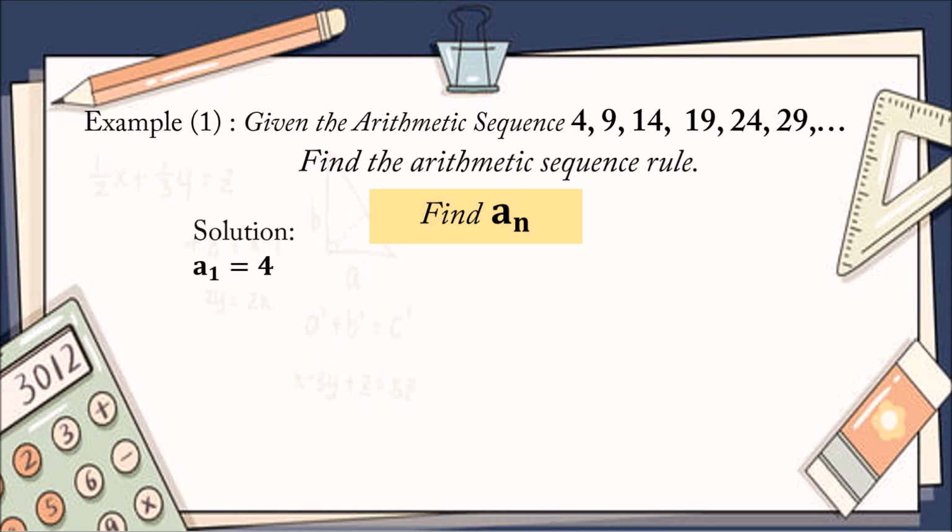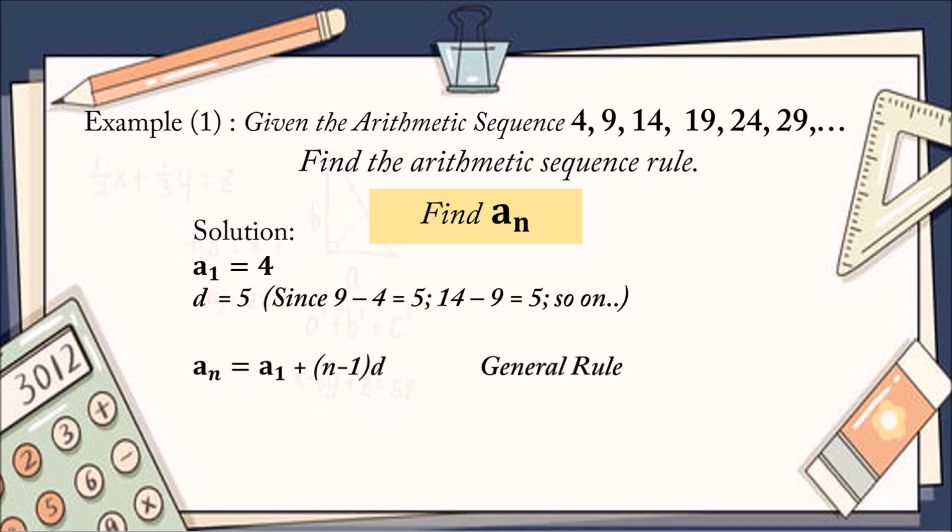Solution. Given that we have the first term a of 1 as 4 and the common difference 5. Bakit 5? Kasi kailangan natin i-subtract ang second term and first term, third term and second term, fourth term and third term. So 9 minus 4 is equal to 5, 14 minus 9 is equal to 5, and so on. Kaya ang common difference ay 5.